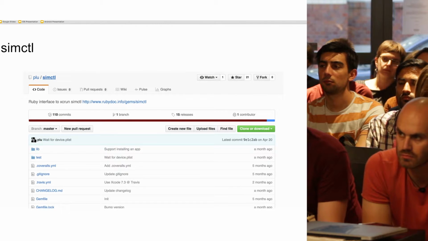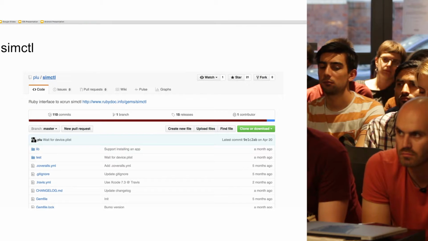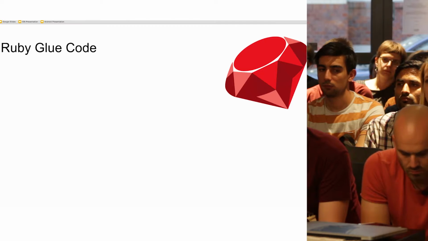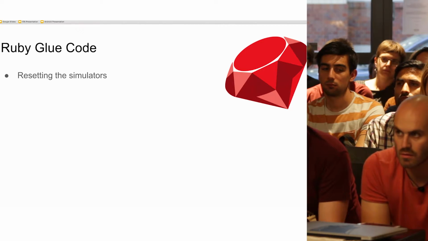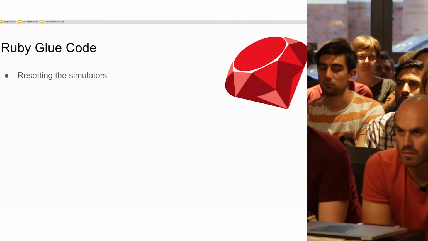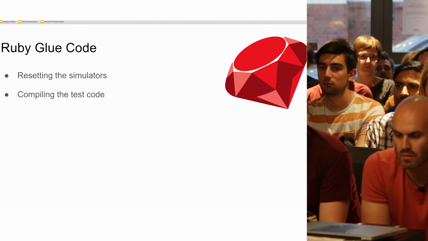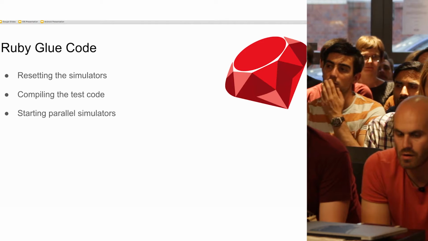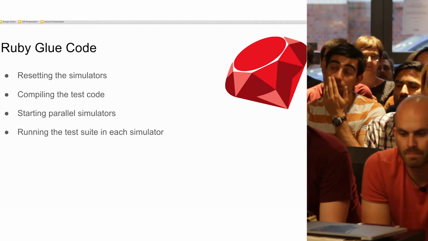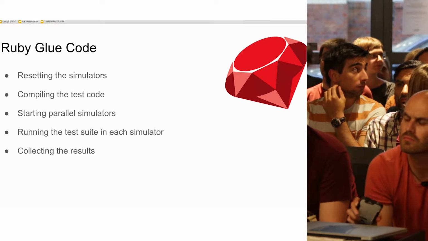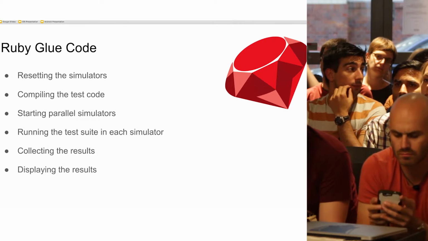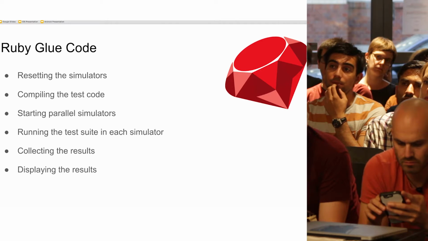It's a Ruby interface to Xcode run. Nothing fancy, but you will see. And we have some Ruby glue code there, which resets the simulators, compiles the test code, starts parallel simulators, runs the test suite in each simulator, and then collects the results. And, well, of course, displays the results.